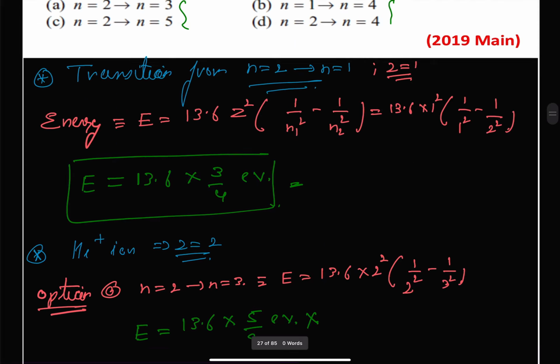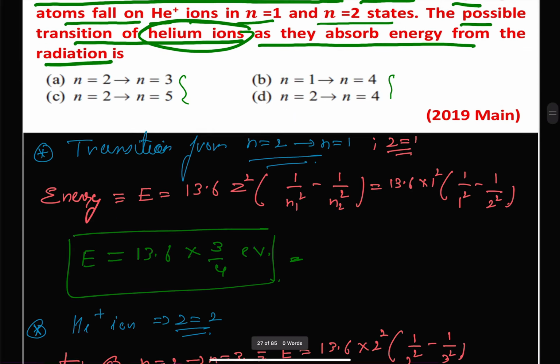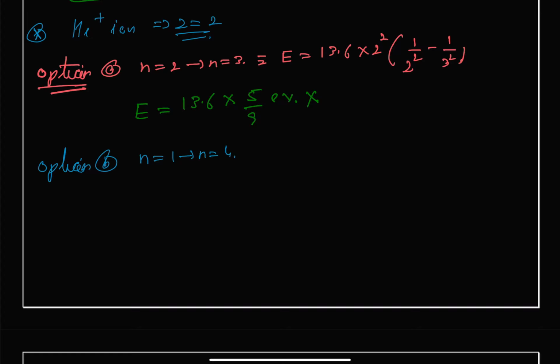Now we come to option B, that is n=1 to 4.